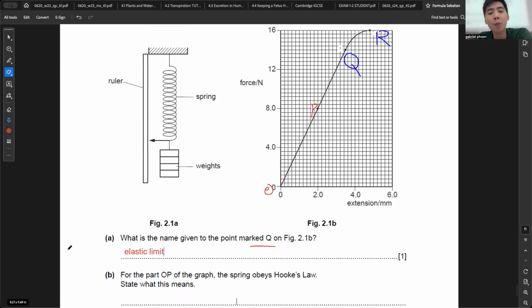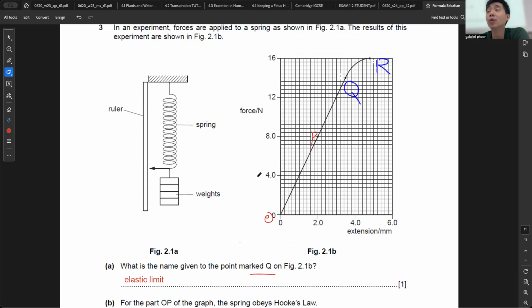How come this part obeys Hooke's law? Can someone tell me what Hooke's law states again, without referring to the notes? The extension of the spring is directly proportional to the force exerted on it, provided that the elastic limit is not exceeded. Good. You don't need to refer to the notes because you can tell from this graph.